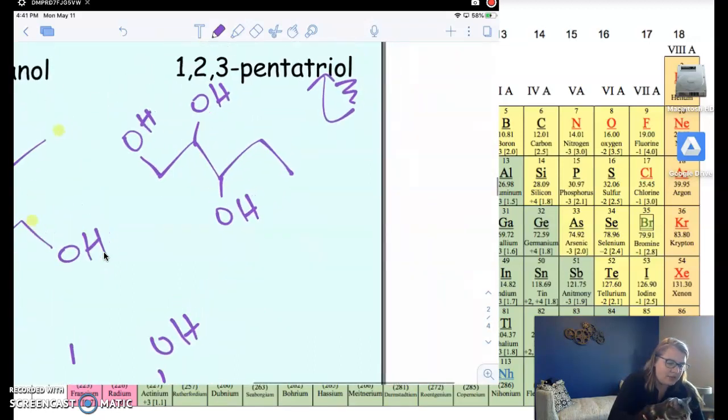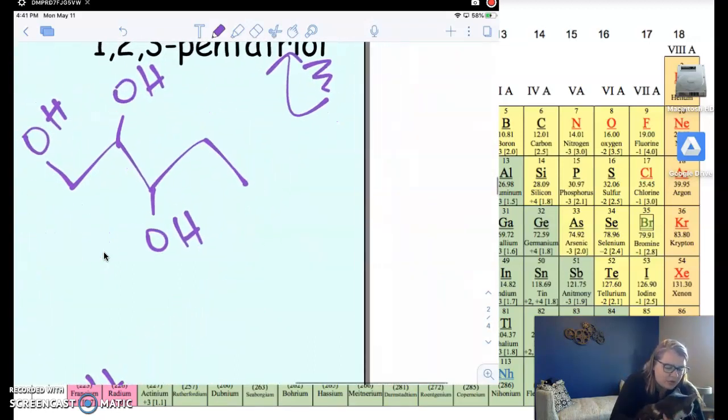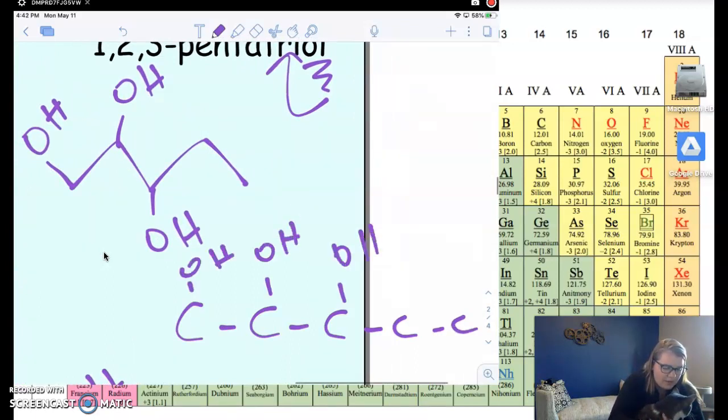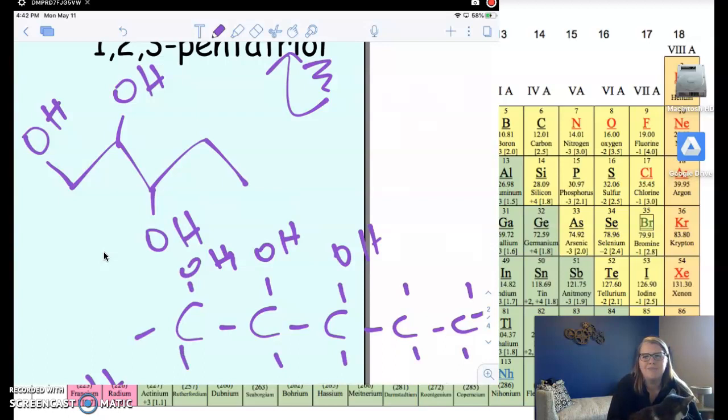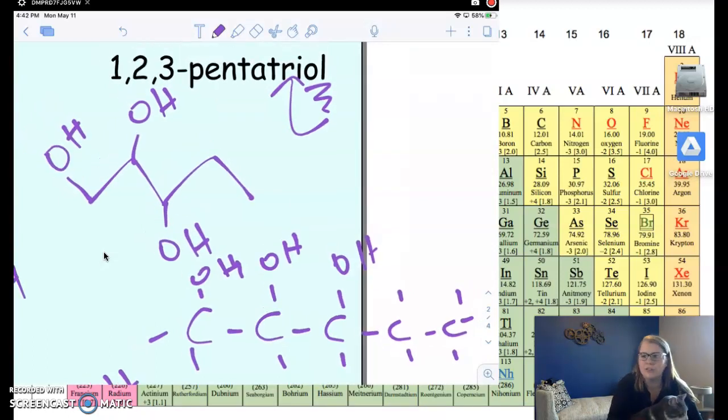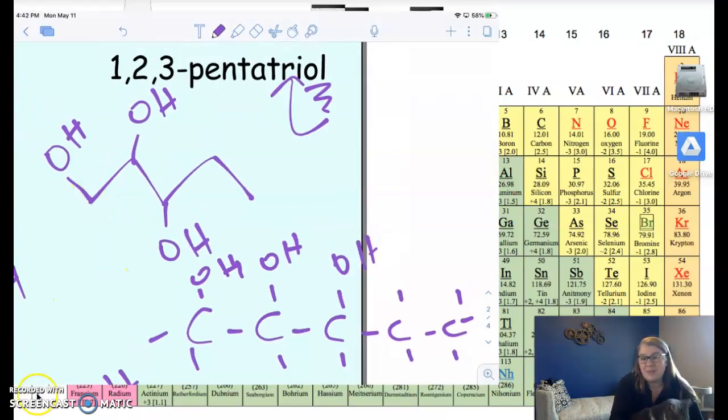And again, just to bring this all together, if I drew this structurally, pent, 5 carbons, and on the 1, 2, 3, I would draw my alcohols. It doesn't matter if they're pointing up or if they're pointing down. That doesn't have any effect on the final structure of the name. And that's basically it. So that's how you're going to draw and name alcohols on our organic structures.